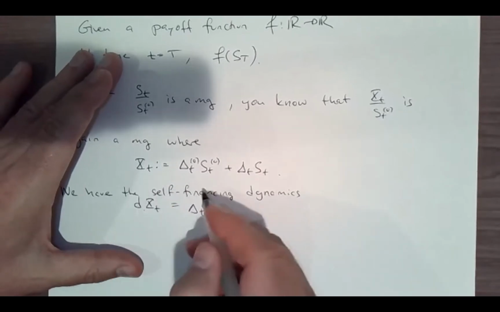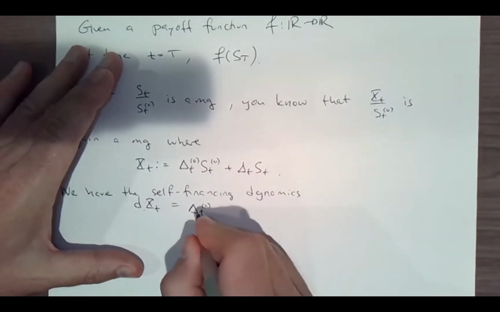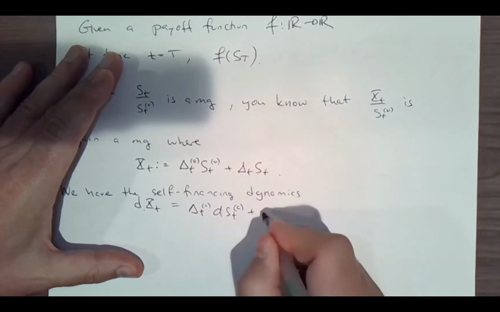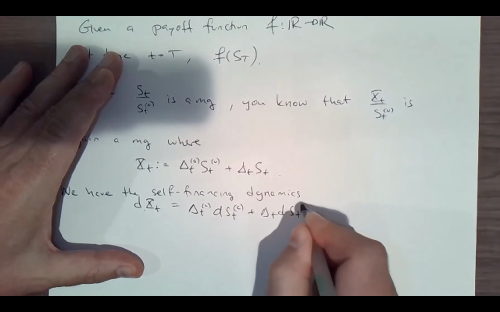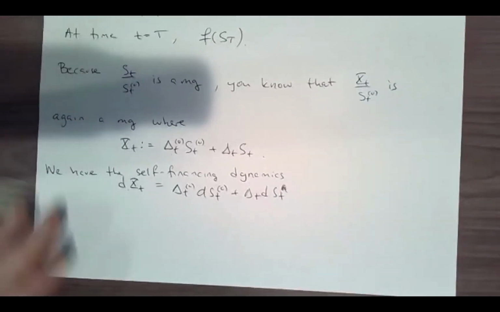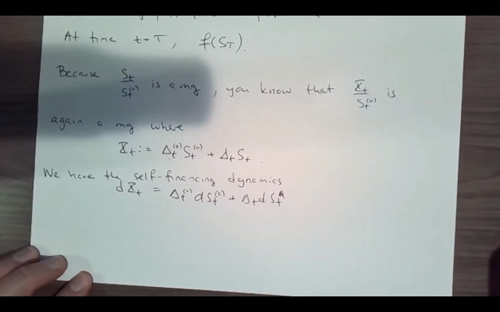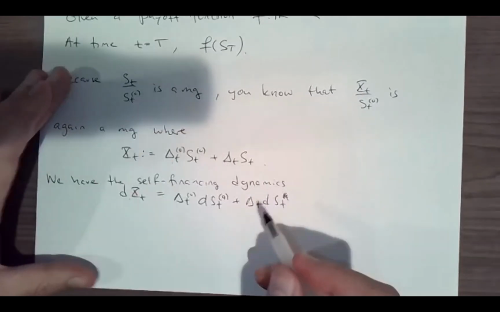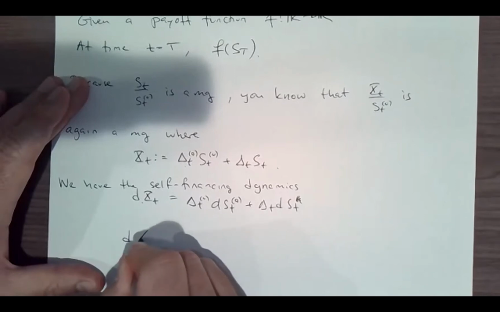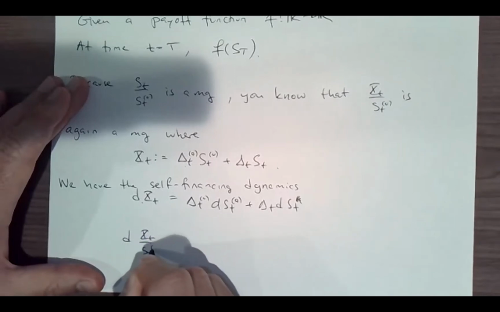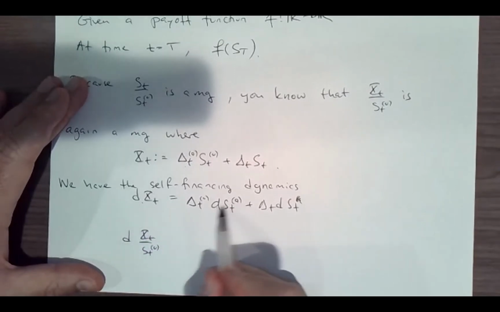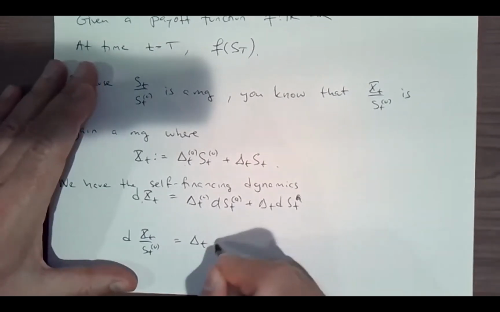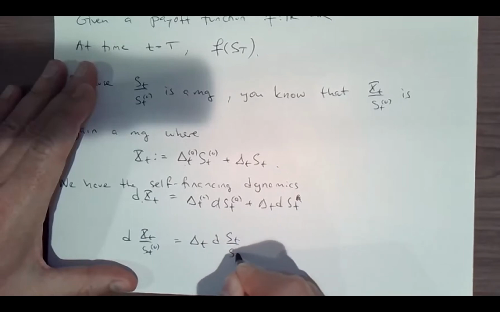The changes in X is equal to the number times the price changes. And so we can see we are in a discounted market. If I'm looking at d of X_t divided by S_t^0, then there won't be any changes in the bank account holdings, and I'm just going to get Delta_t times d of S_t divided by S_t^0.